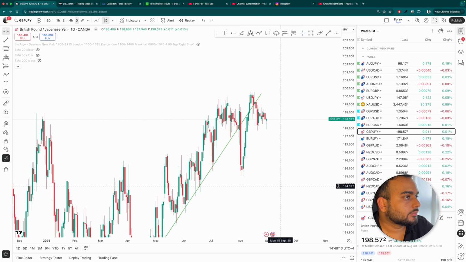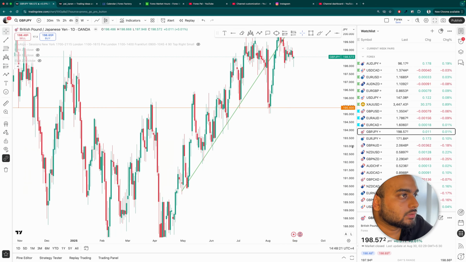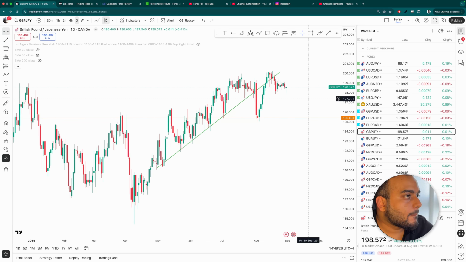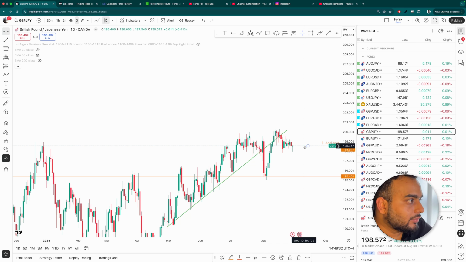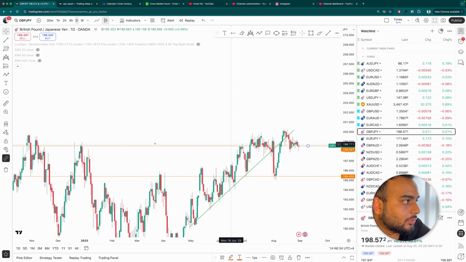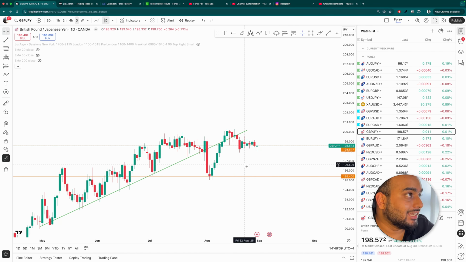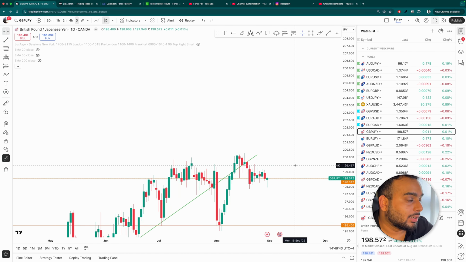So let's mark some support and resistance. So this area, if you see, has acted as a resistance before, and now the price is ranging around this area. These are the daily candles, not hourly candles like 4 hour or 1 hour.